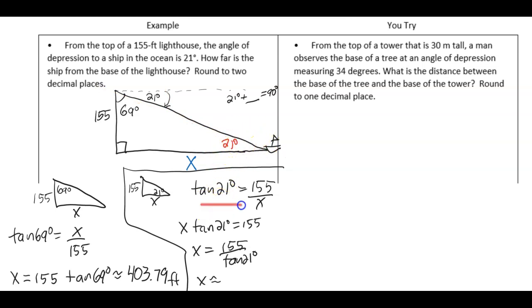The one that seems like it has a little bit easier steps, one fewer, is doing the 90 minus 21, 69. And then you can solve for x with one step instead of two. But either way, you want to be able to set up the triangle and use the SOHCAHTOA to solve for what you're after.